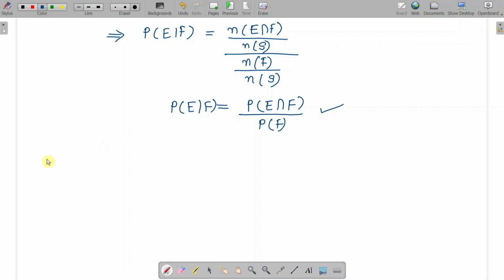Now let us formally define what is the conditional probability. So definition: we can start like this.